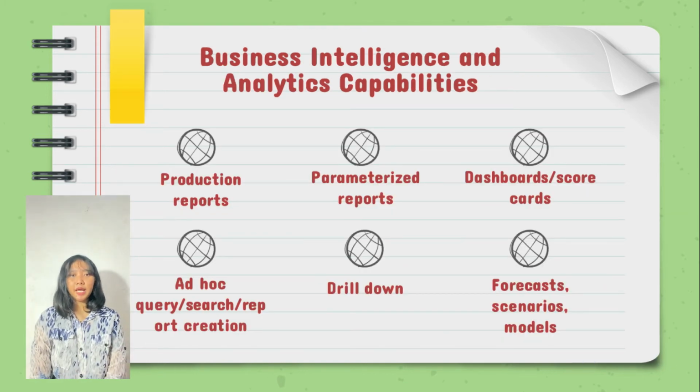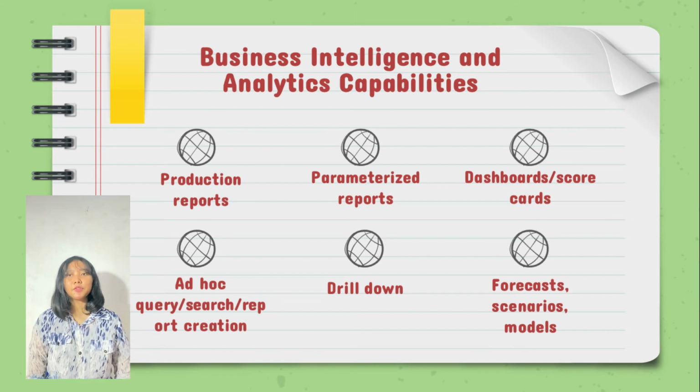Business intelligence and analytics capabilities. There are 6 analytic functionalities that BI systems deliver to achieve this end. First, production reports. These are predefined reports based on industry-specific requirements. The second is parameterized reports. Users enter several parameters, as in a pivot table, to filter data and isolate the impacts of parameters.